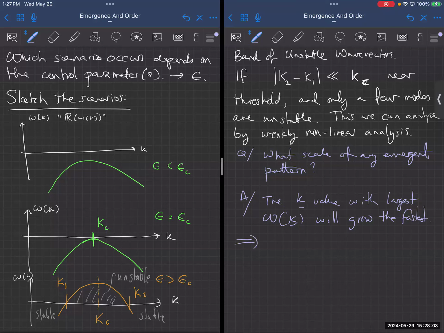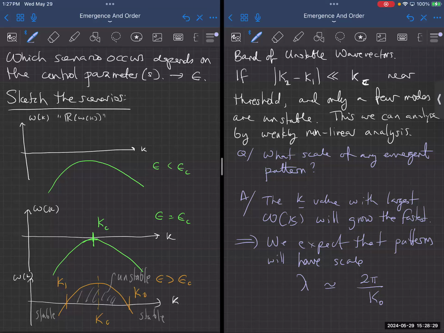And that means that we expect that patterns that emerge will have scale, wavelength, going something like 2 pi over, let's say, K0, something like that. Okay, so that's the basic idea.